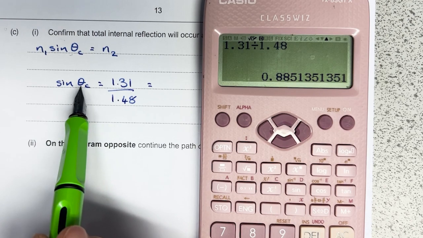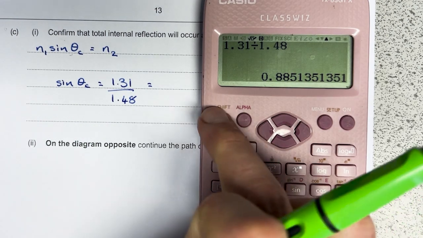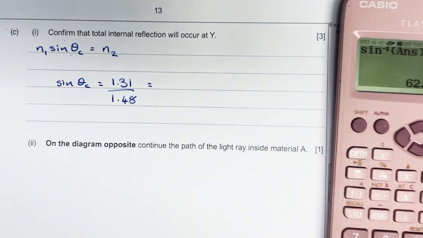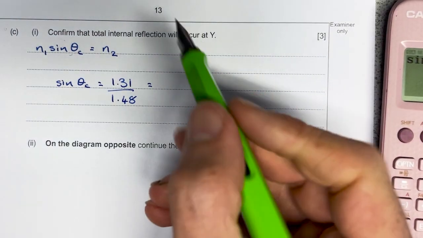But here I want the actual angle, not the sine of the angle, so I'm going to press the shift sine function, put in my answer using the buttons on the calculator, and then press equals, and that's going to give me 62.3 degrees.